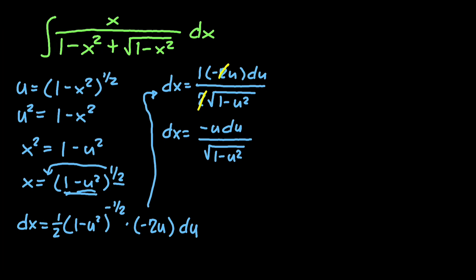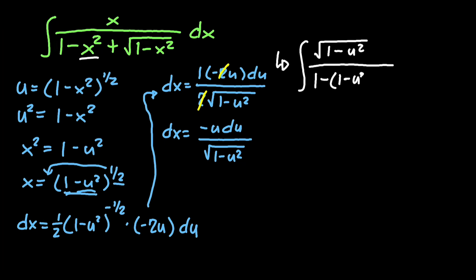Now that we have all our inputs, let us substitute it. So, the integral of the value of x here would be equal to the square root of 1 minus u squared over 1 minus the value of x squared here, which is equal to this, 1 minus u squared, and the value of the square root of 1 minus x squared would be equal to this, which is u.